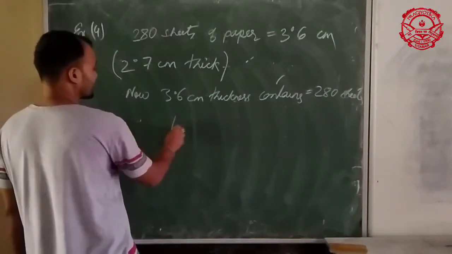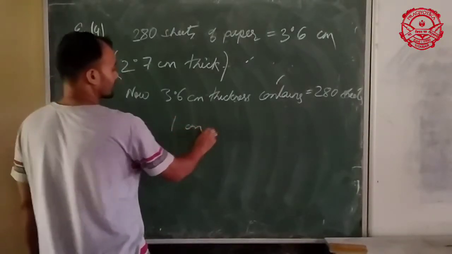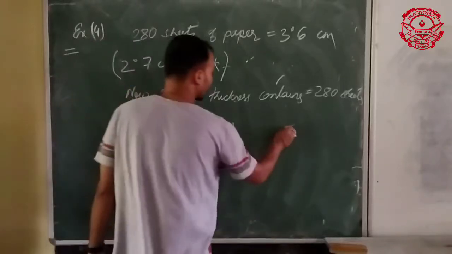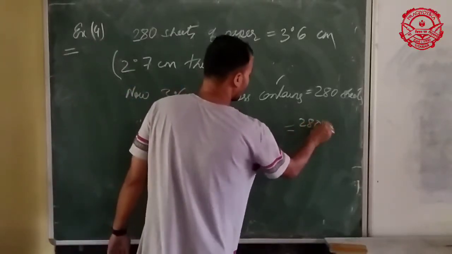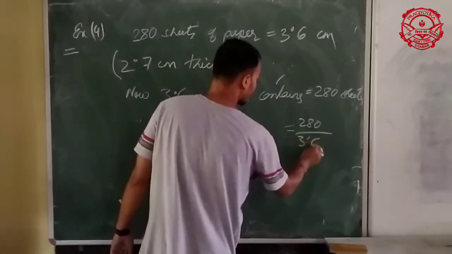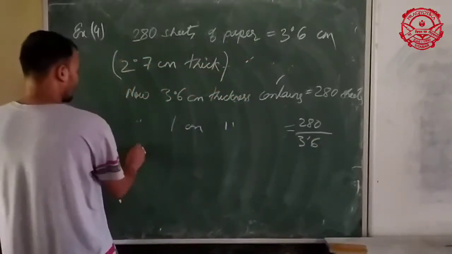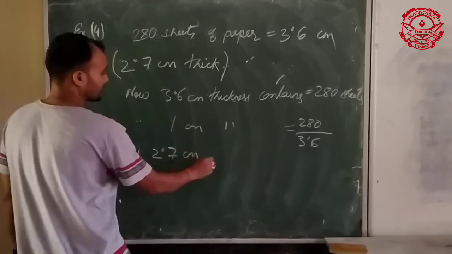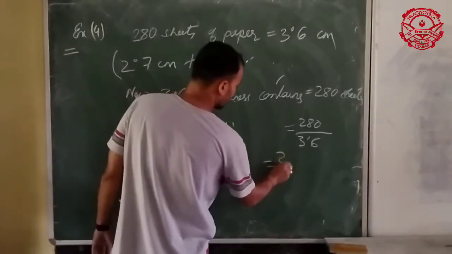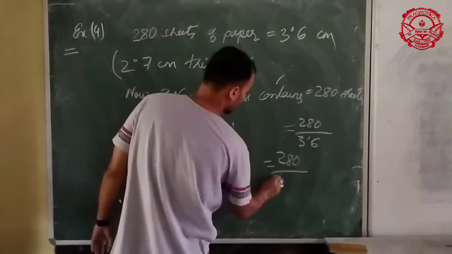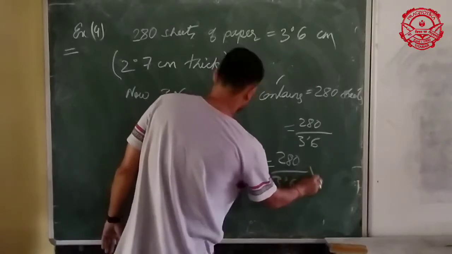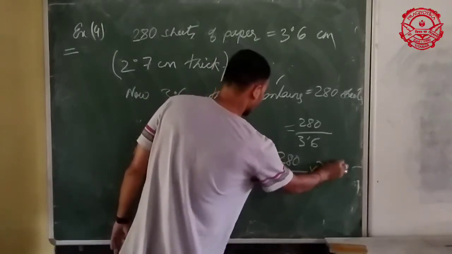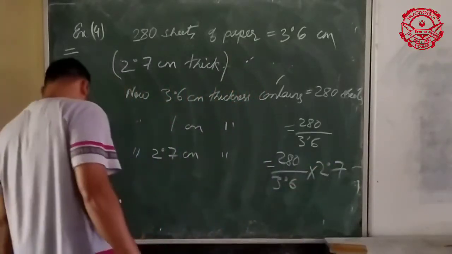Now, in 1 centimeter thickness it will be 280 by 3.6, and for 2.7 cm thickness it will be 280 by 3.6 into 2.7. So this you will get the answer.